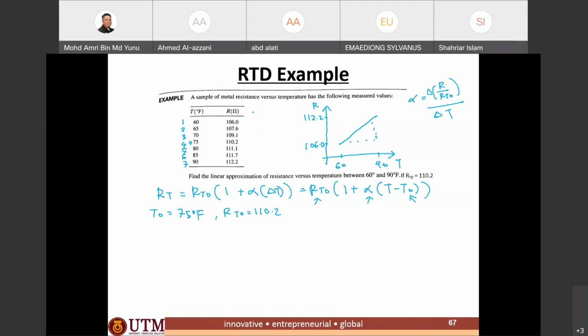So we will have to include the RT naught in the calculation.